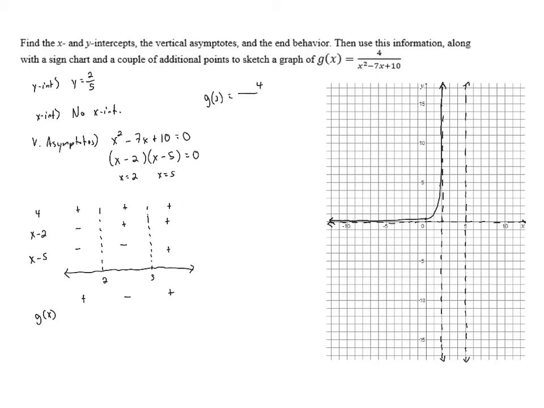If we do that, the numerator is just going to be 4. 3 squared is 9, minus 7 times 3 is 21, plus 10. And so 9 plus 10 is 19, minus 21 is negative 2. So we've got 4 over negative 2, which is negative 2. So this gives us the point (3, -2), which is right there.